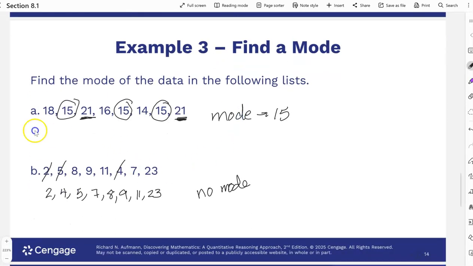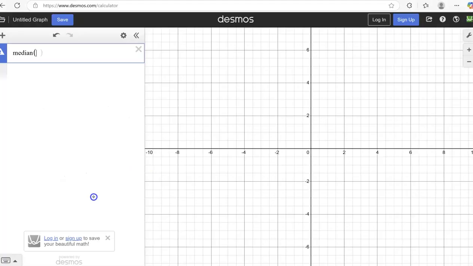Let's say we want to find the median of the data set. And we'll look at this one since I put this one in order. So we have an even number of values. So the median would have to be the number in the middle, which means it would be the number between 7 and 8, which is 7 and a half. So we could type these numbers in Desmos.